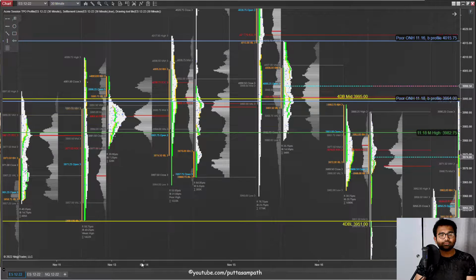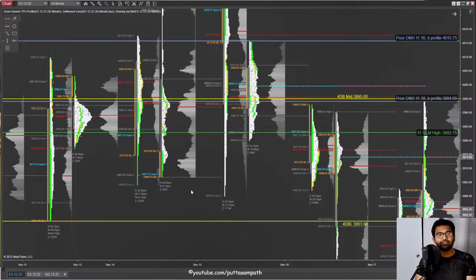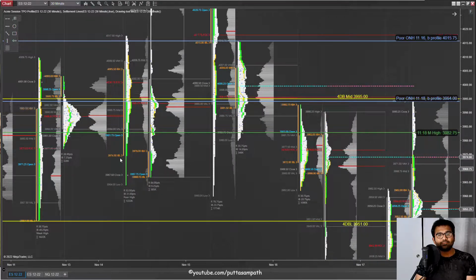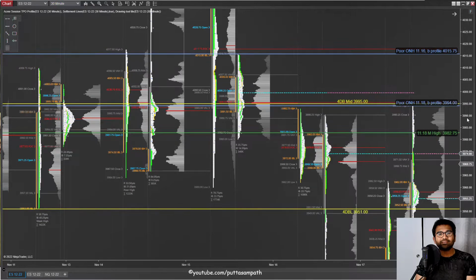So if you notice, we had opened within Friday's range, and then we stayed choppy for the most part after forming a poor high, and then we closed near the low of the day, but still within last Friday's range, forming a spike. And then the following day we had opened with a gap up.